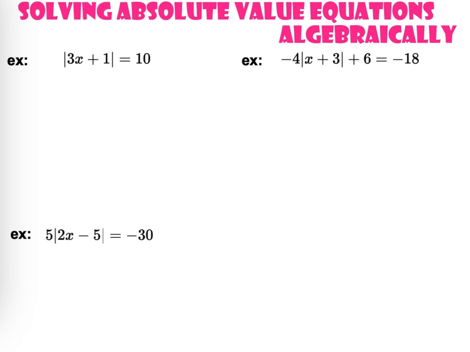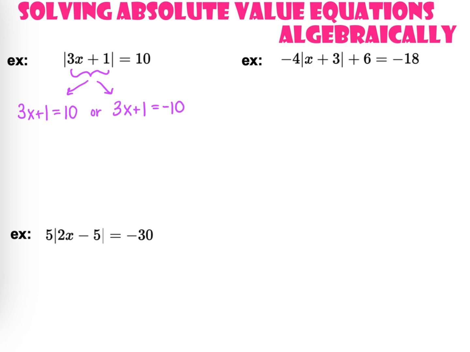So you know how absolute values, there's actually two numbers that have an absolute value of 10, positive 10 and negative 10, right? So I can sort of drop those absolute value bars because I know that that 3x plus 1 on the inside either has to equal 10, since the absolute value of 10 is 10, or that stuff on the inside has to equal -10, since the absolute value of -10 is also 10.